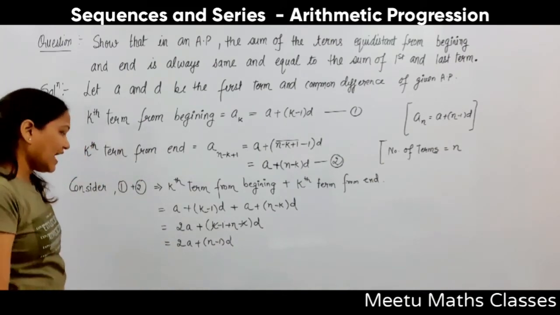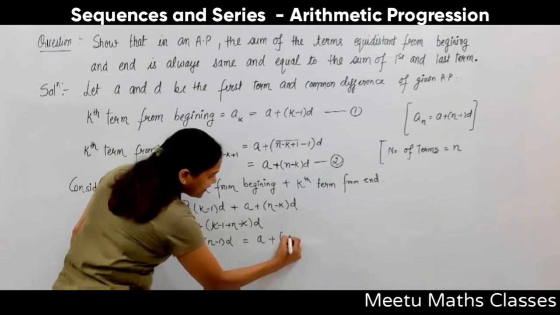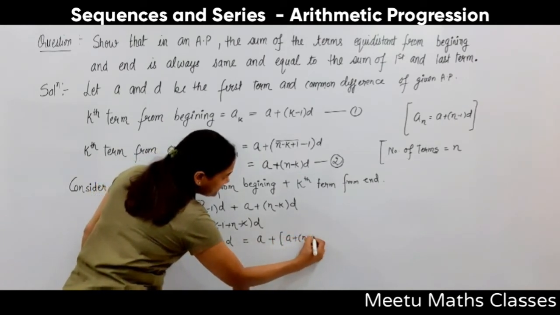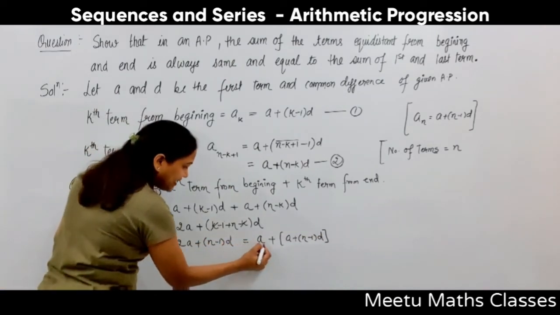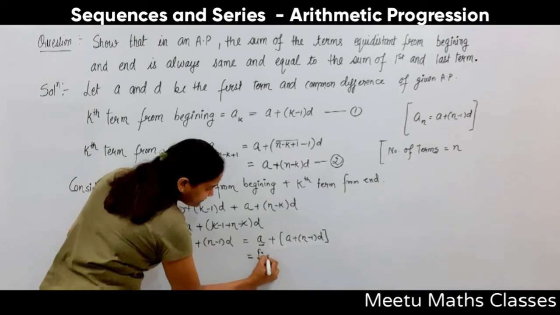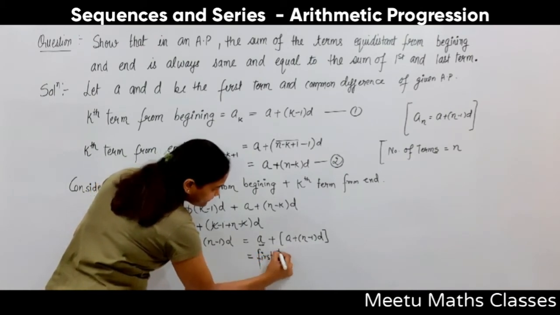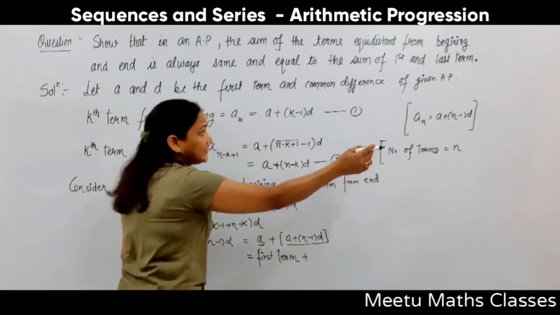Now this can be written as a plus a plus n minus 1 d. And what is a? a is represented by its first term. And what is a plus n minus 1 d?